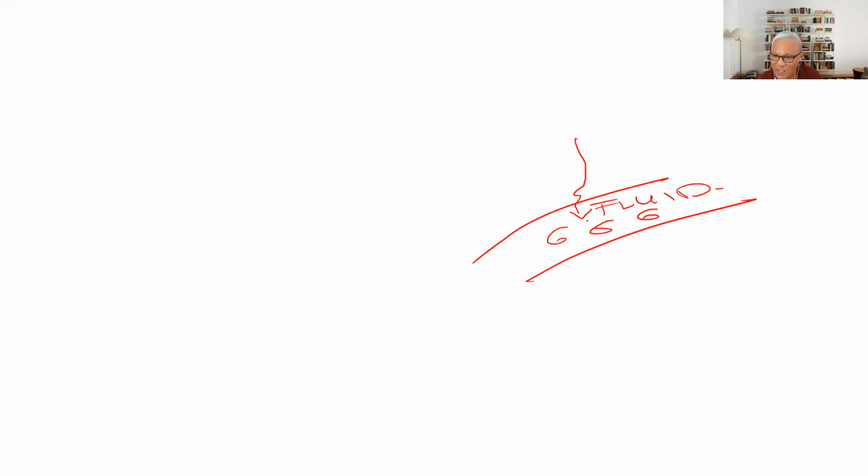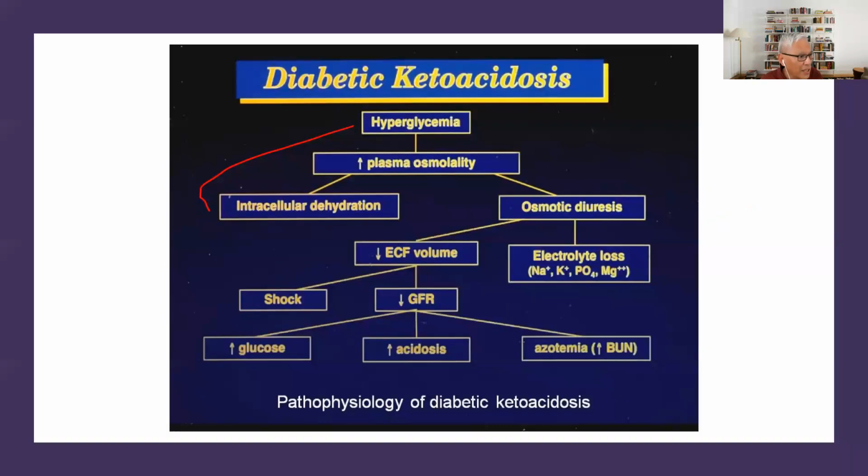It expands the extracellular compartment or the vascular bed. So when you have a lot of fluid in your vascular bed, what happens to your urinary output? It certainly is going to go high because you now have an increase in your GFR or glomerular filtration rate. And so it results in diuresis, okay?